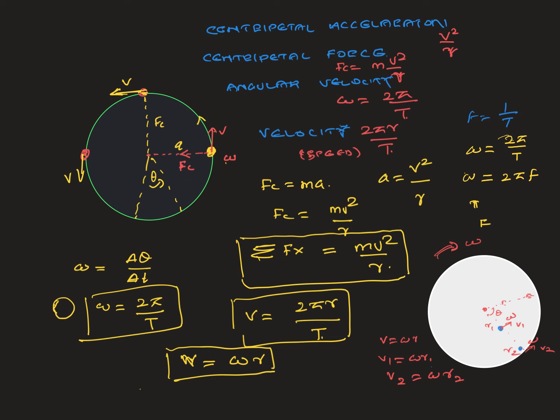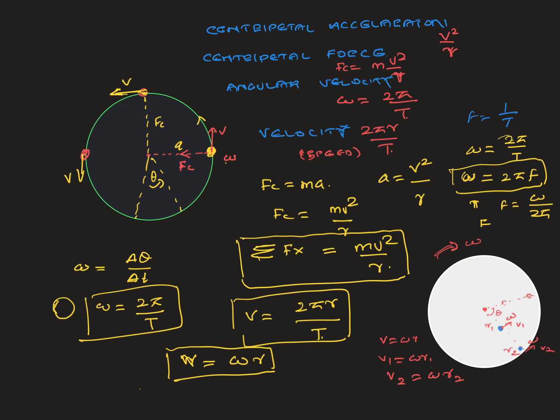That means the frequency also will not change when the radius is changing. So if omega is equal to 2 pi f, then f is equal to omega over 2 pi.